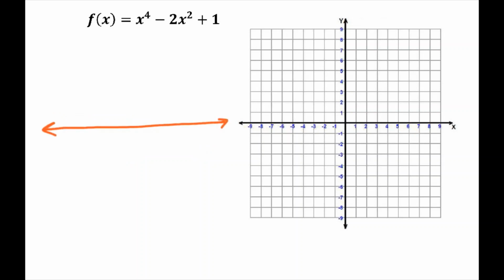Okay, so negative 1, negative 1 over square root of 3, 0, 1 over square root of 3, and 1. Okay, now f prime of x, f double prime.